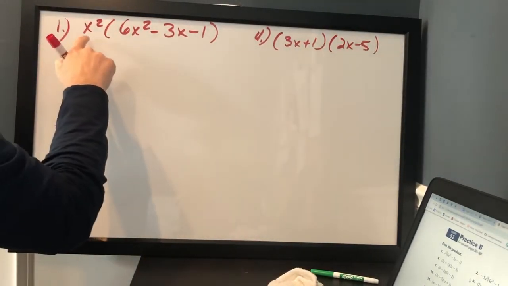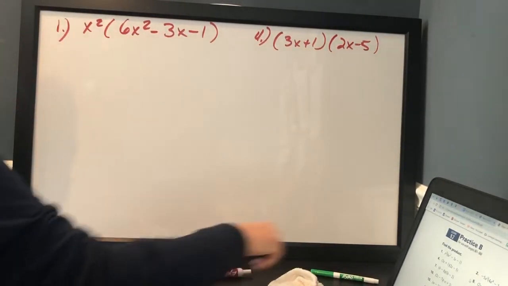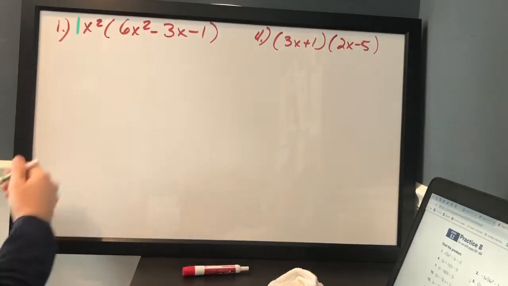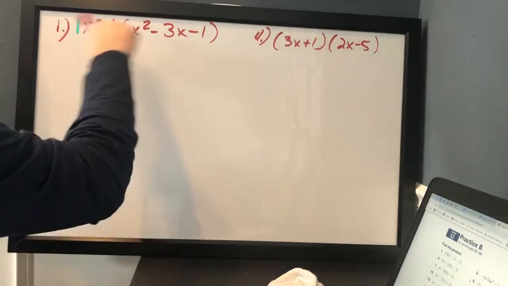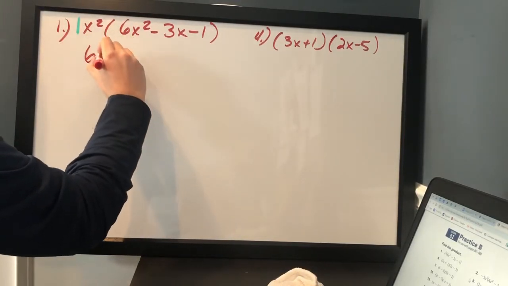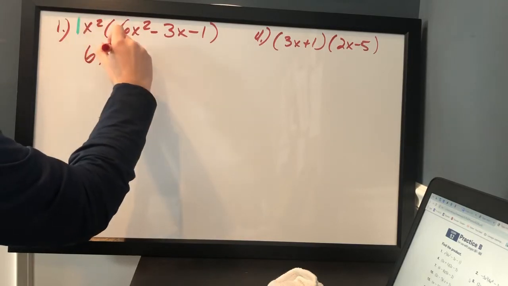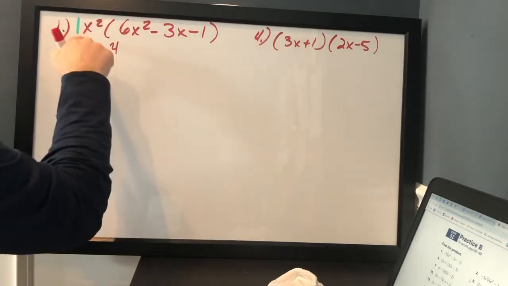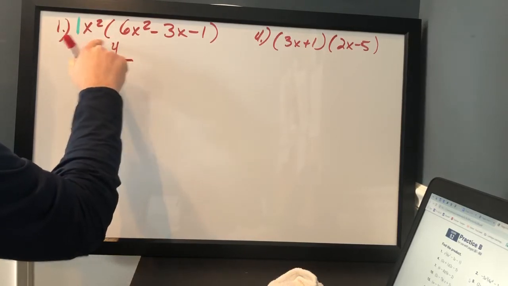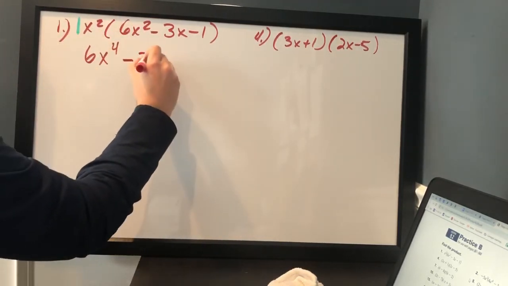All right, so we have to take this x squared times everything. And don't forget, in front of this x, there's actually a 1. So really here we have 1 times 6, which is 6. X squared times x squared. Keep the x, and 2 plus 2 is 4. Next, you have a negative and a positive, so our answer is going to be negative, so let's just write that there. 1 times 3 is 3.